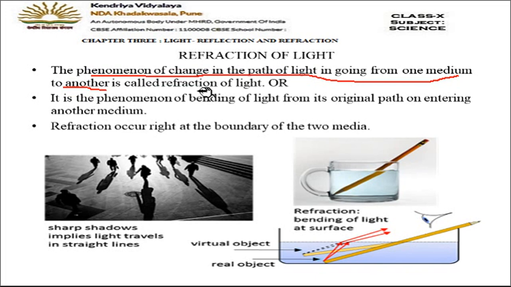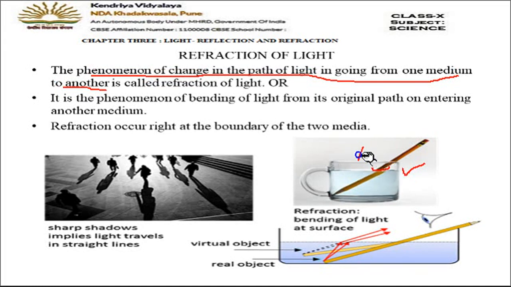We all know that light has the property of rectilinear propagation, that it always travels in a straight line. But in the case of refraction, when the medium changes, just have a look at this diagram. In the cup, water is filled and a pencil is kept in water. Here you can see the point where refraction is occurring.